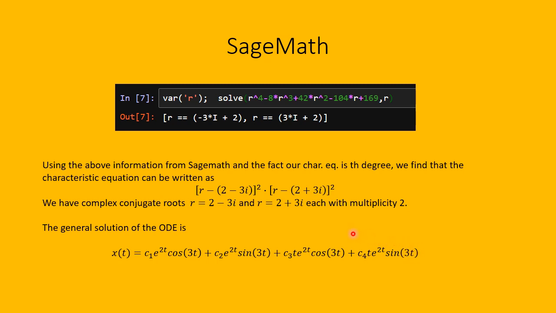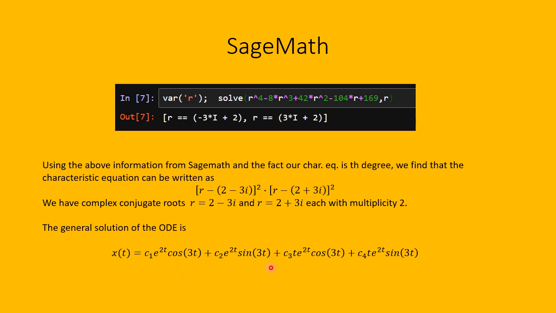Now, you might ask, didn't I get all of those by just looking at this one solution? Well, that's true, but what we have are two solutions. Each is complex, and on our previous slide we saw that if we have this root and this root, both of multiplicity 2, this is the type of solution that we're going to have for these 4 solutions that we get from our polynomial equation. 1, 2, 3, 4 solutions here.